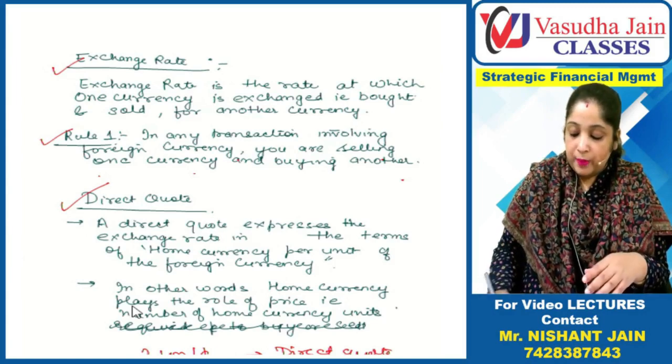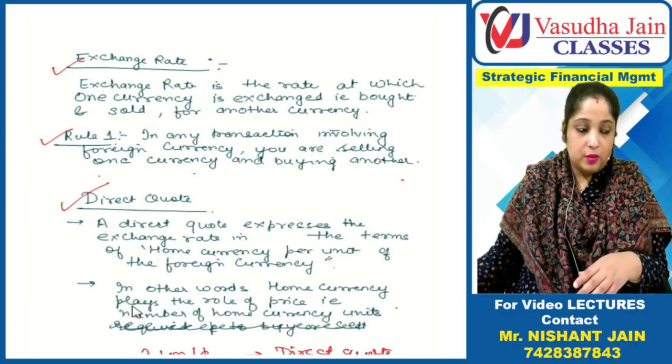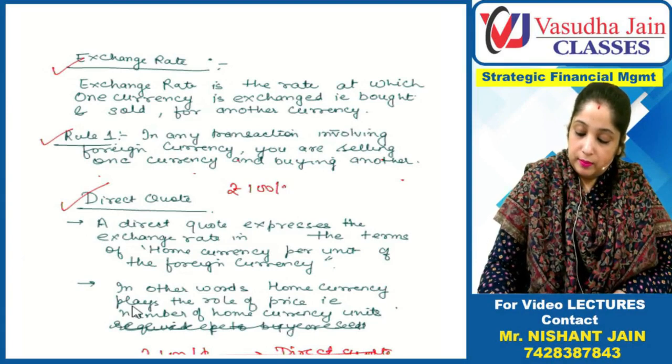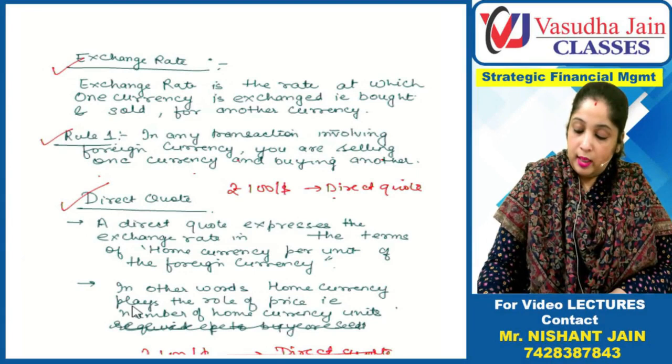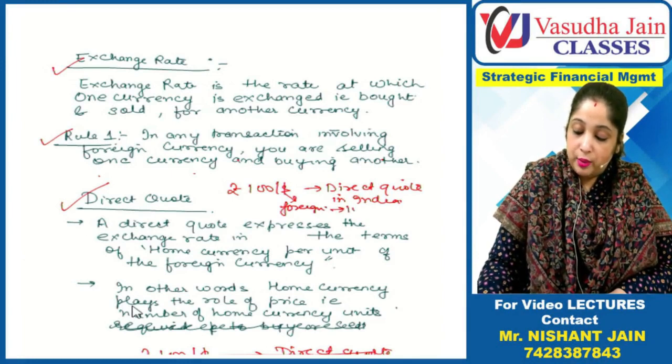We have understood this. Now here the foreign currency is 1 unit, right? This is direct quote in India. Now here dollar is your foreign currency, which is 1 unit.